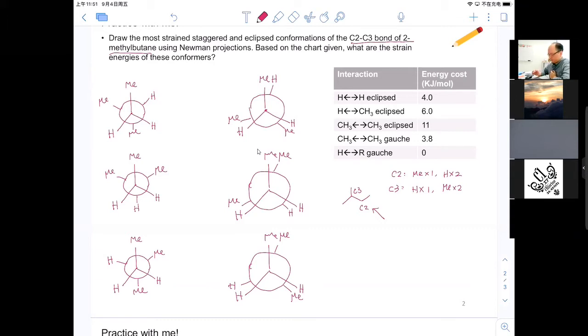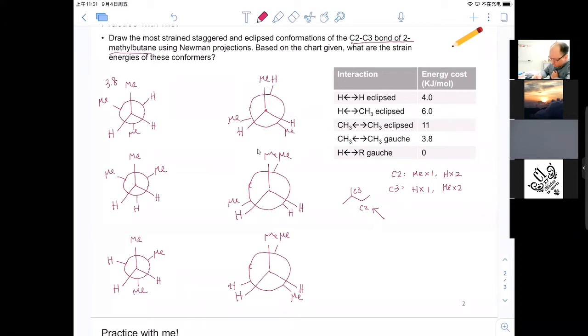It's time to calculate the energy difference. The first one, they are all gauche to each other, right? But gauche with hydrogen has no energy cost. The only energy cost is between methyl and methyl, which is methyl gauche 3.8.